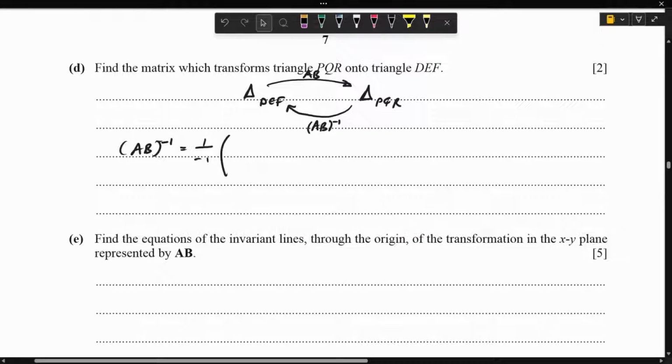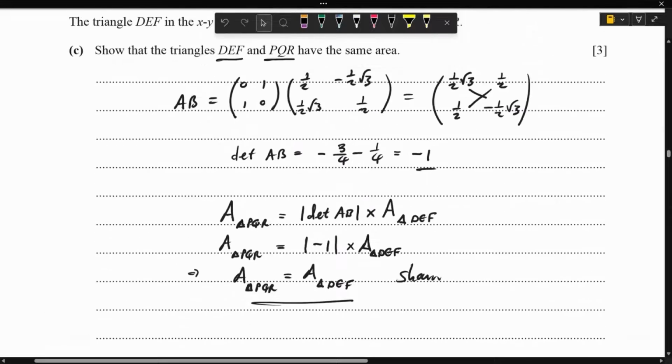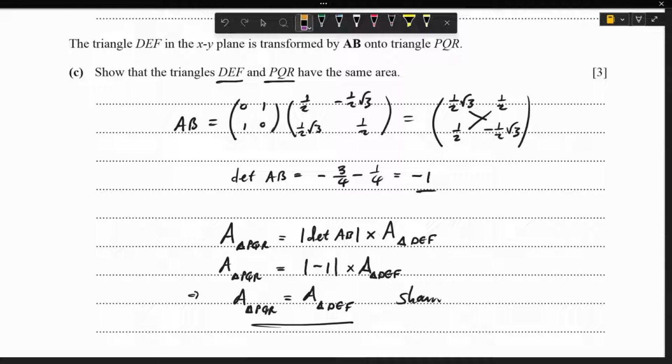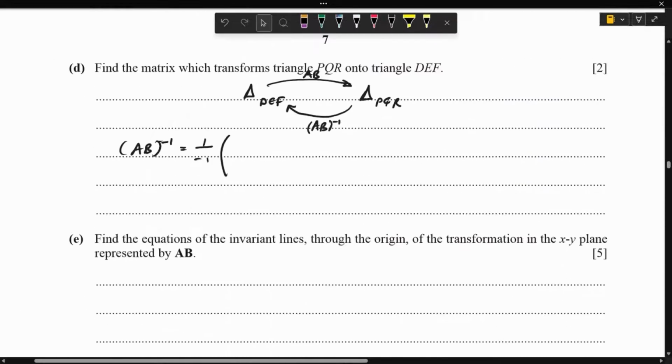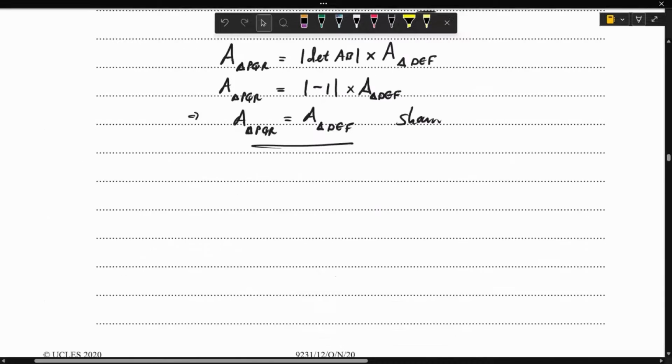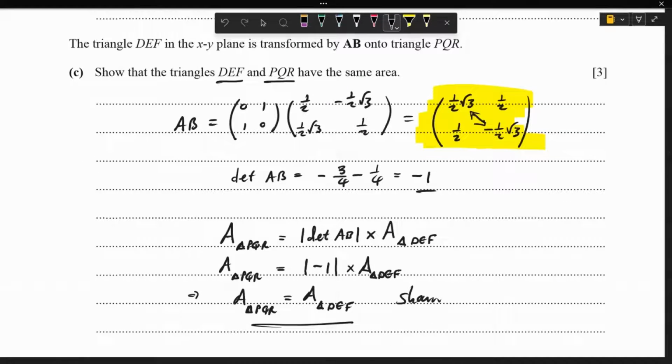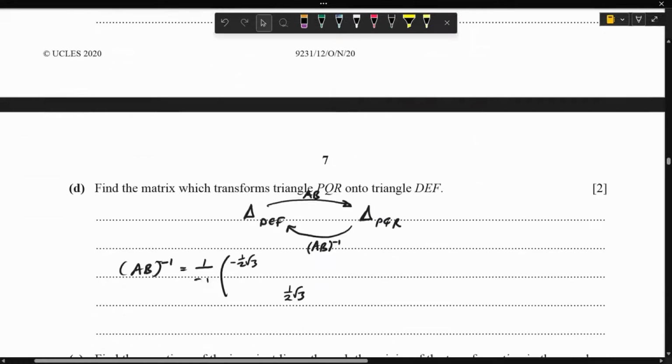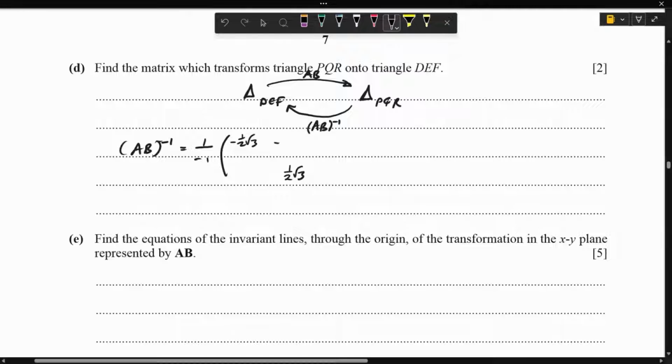For the elements in AB, this is AB right here, we are going to switch positions for these two, so we'll be having minus a half root 3 and half root 3 here, and then we will change the signs for these two, so we'll be having here minus a half and minus a half.